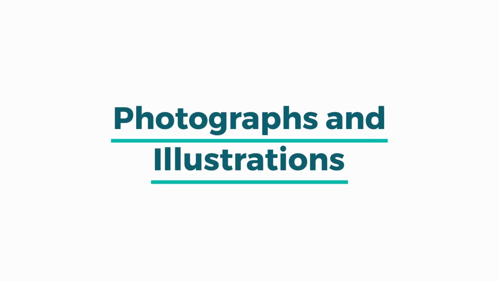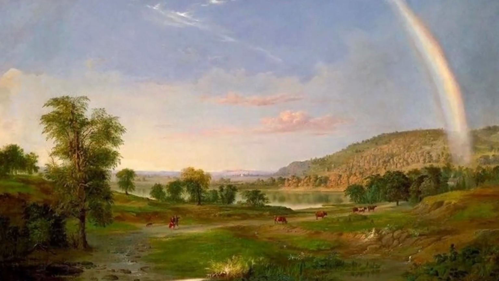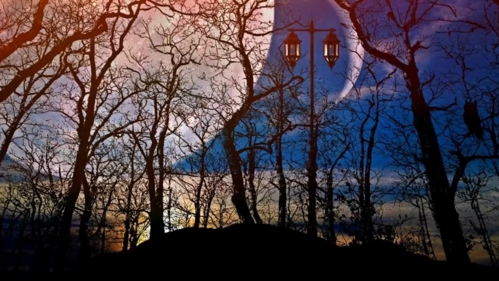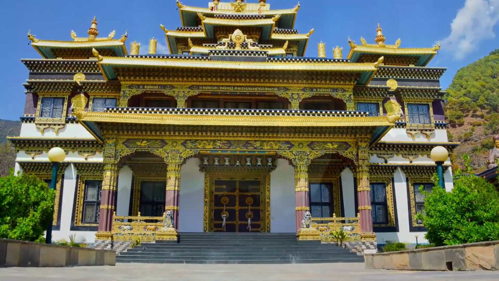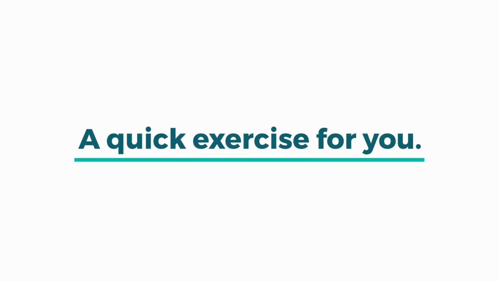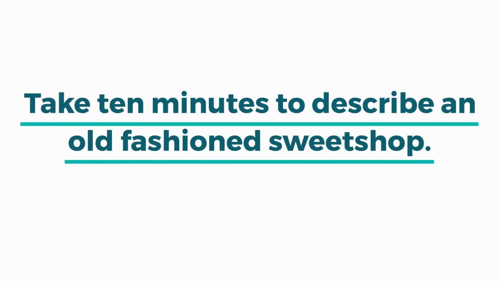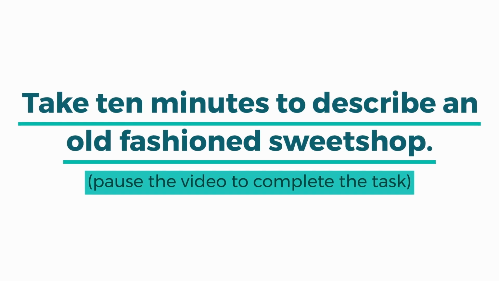Photographs and illustrations. Of course, immersion isn't always possible, but luckily for us, we live in the era of the internet. So if you're not able to visit the place in person, you have a wealth of resources at your fingertips. Here is a quick exercise which demonstrates how powerful it can be to use imagery to aid your location descriptions. Imagine one of your locations is an old-fashioned sweet shop, the kind with shelves packed with glass jars filled with sweets.